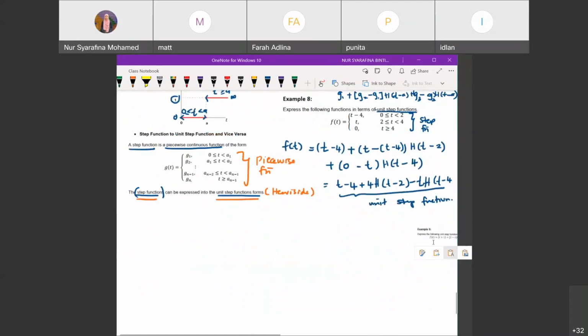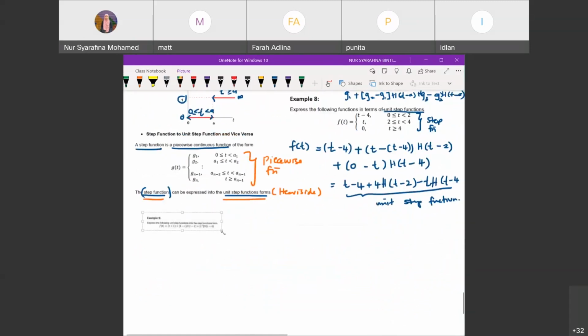Okay, so now let's try to convert a unit step function into step function. So here we have unit step function. This is in terms of unit step function already. So now we want to change to step function.